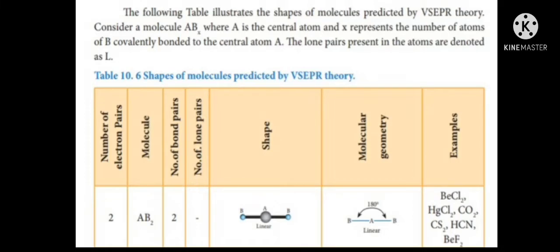This tabular column explains the shapes of molecules predicted by valence shell electron pair repulsion theory.